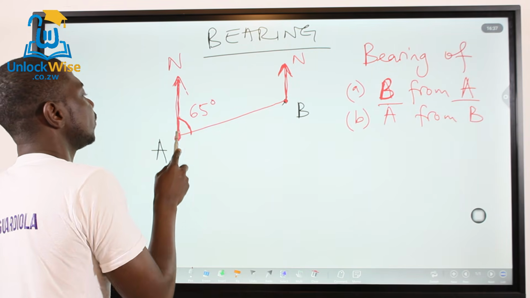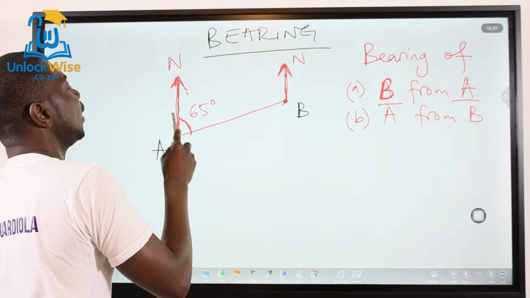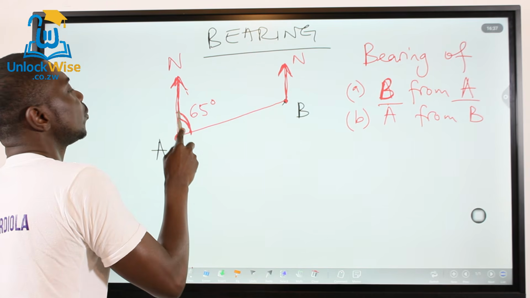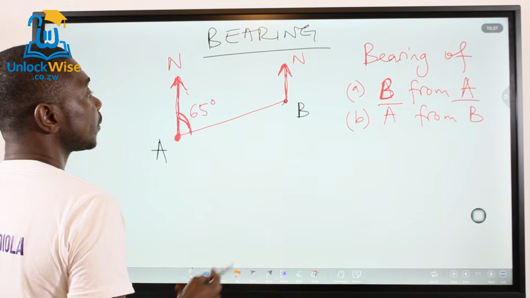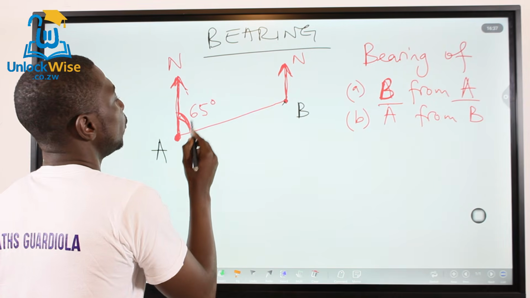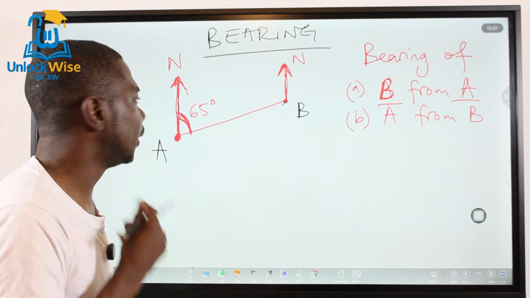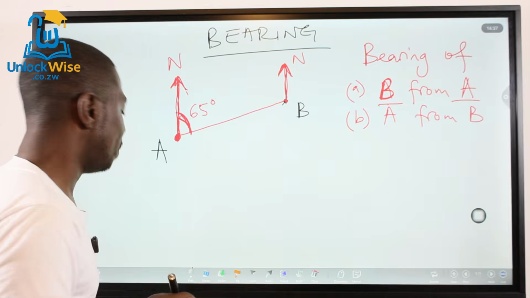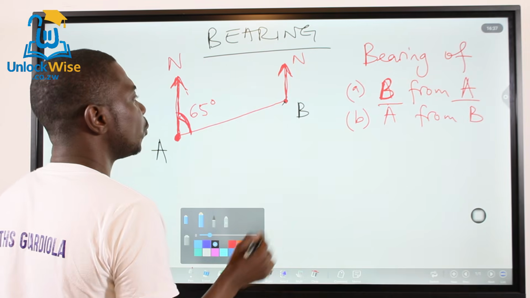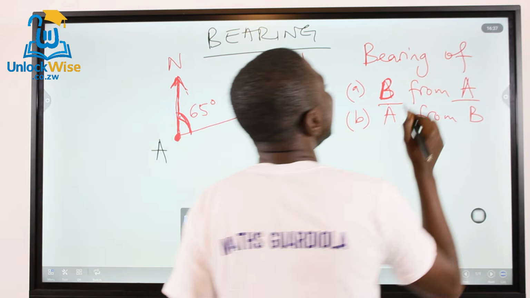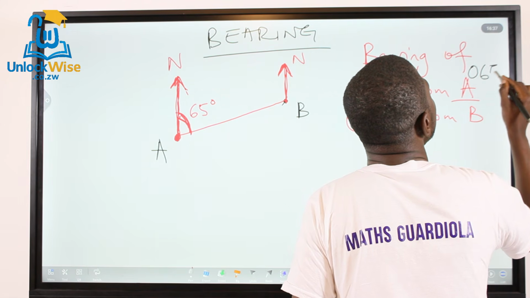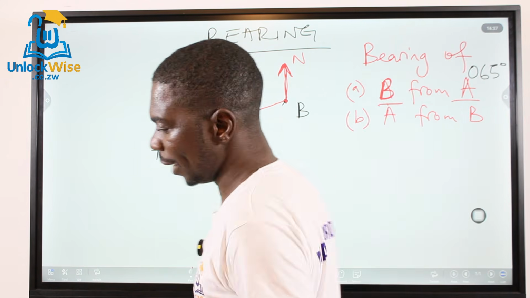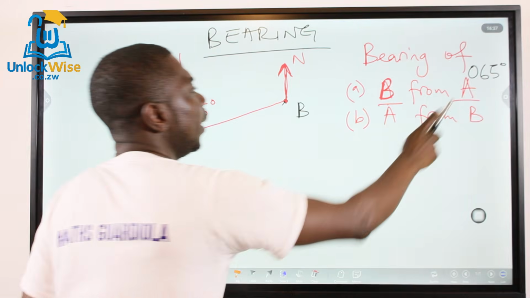North, we measure clockwise, so the bearing of B from A is this end, which we are given as 65 degrees. But I have highlighted that we write the bearing as three figures. So we have 065 degrees. Okay? This is how we write our bearing.